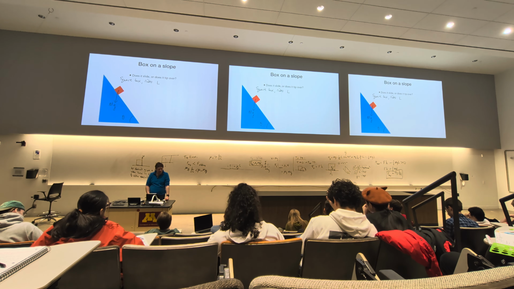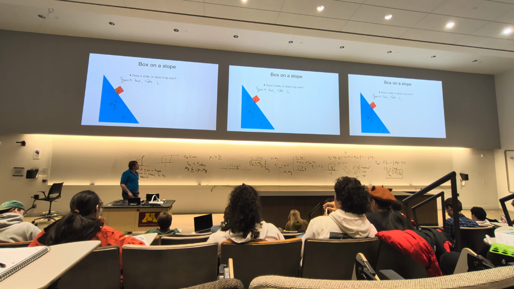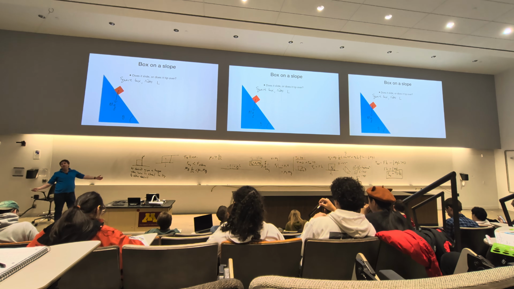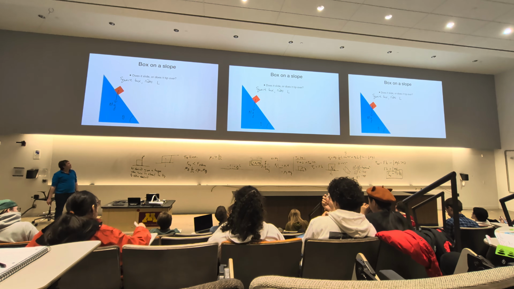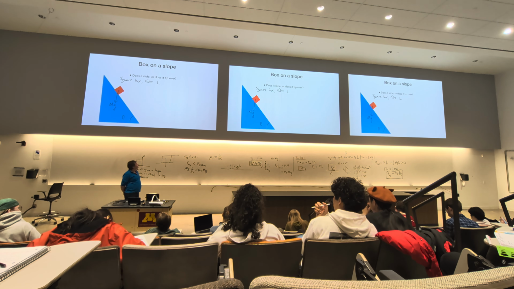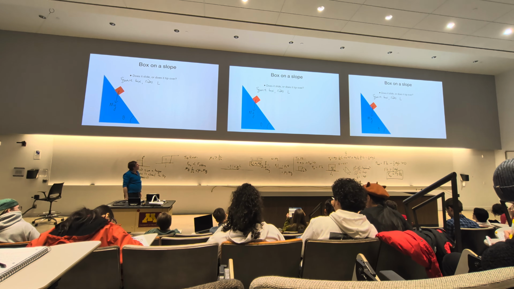Okay, so there's another situation in which things might tip over that is worth talking about. And that is if you have a box on a slope. So does it slide or does it tip over? Well, you have your slope, it's a hill, you put a box on it, gravity pulls it down, you just let it do what it wants to do.